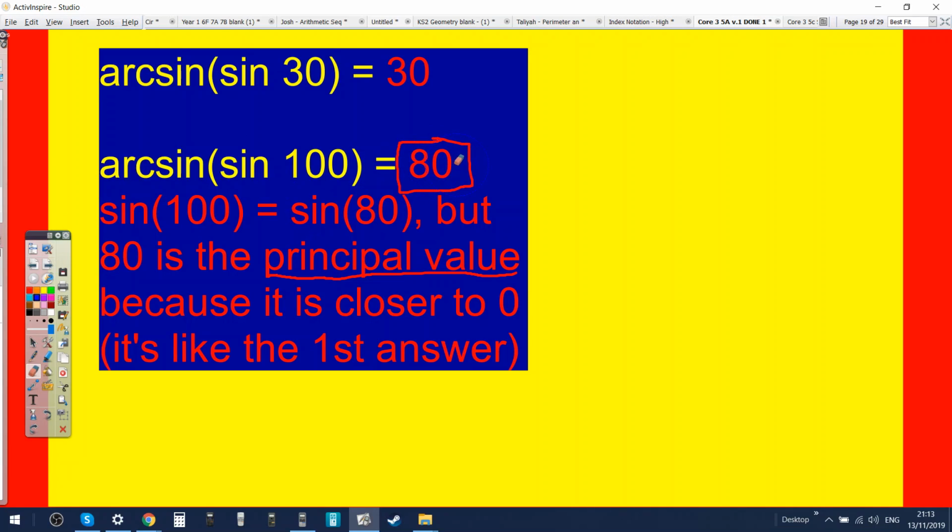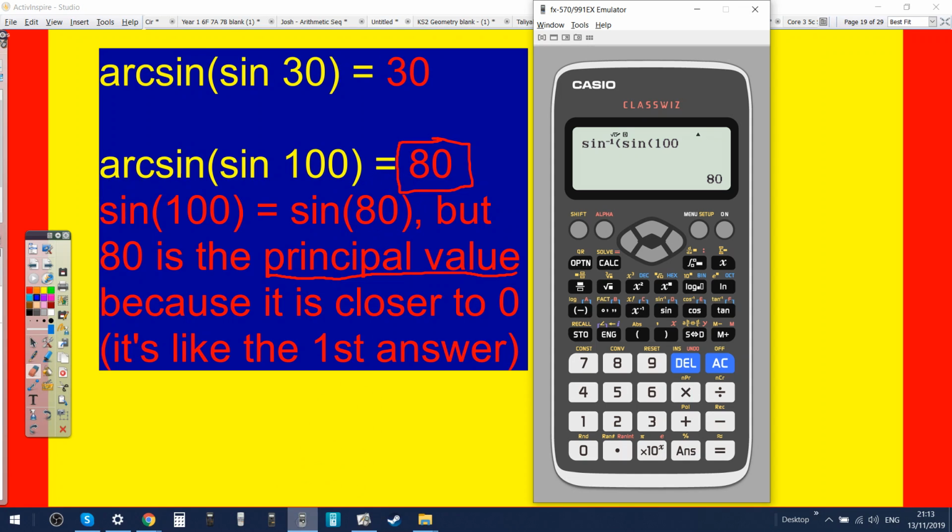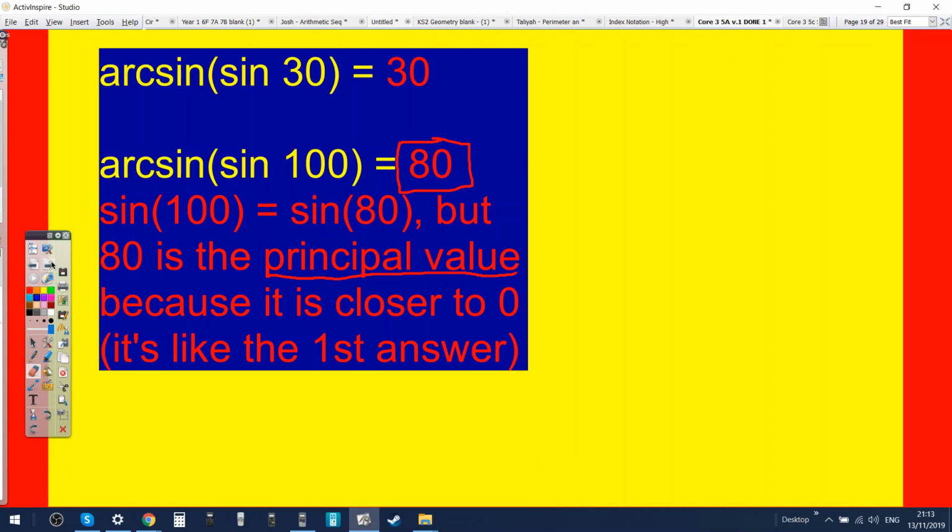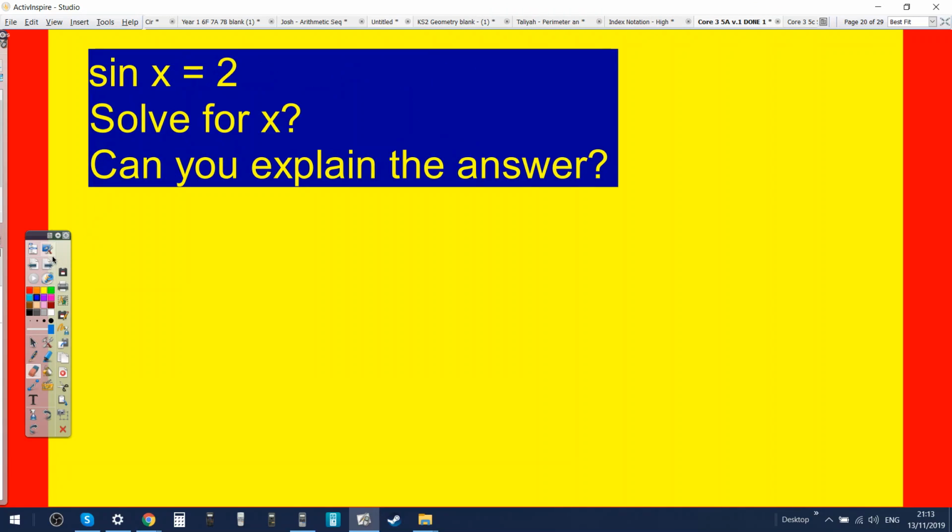And if you do 180 minus 80, you get 100. Basically, the sine of 100 is the same as the sine of 80. It just gives you the one that's closest to 0. So it's just for later.